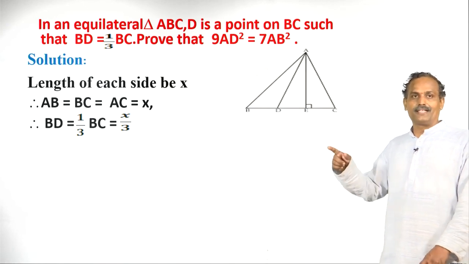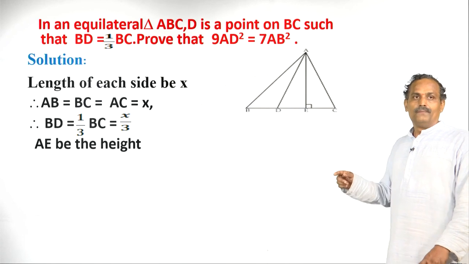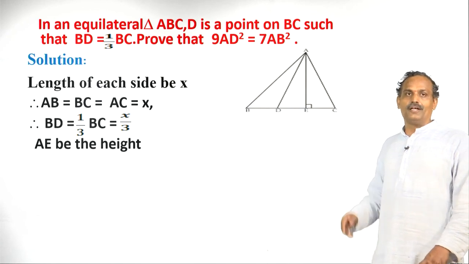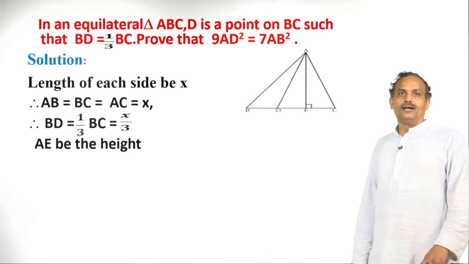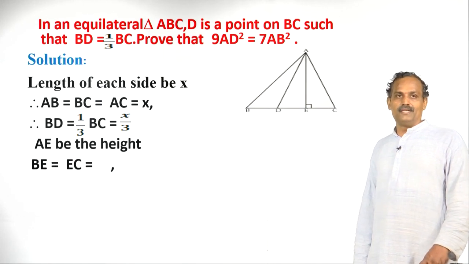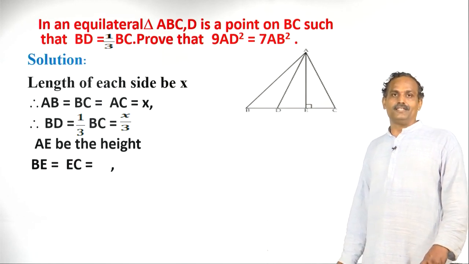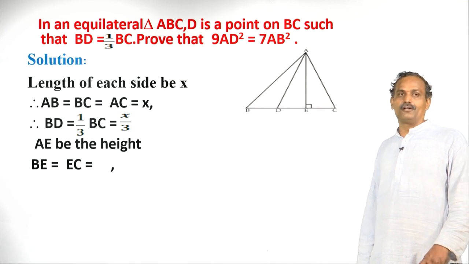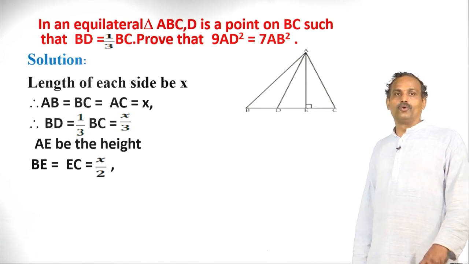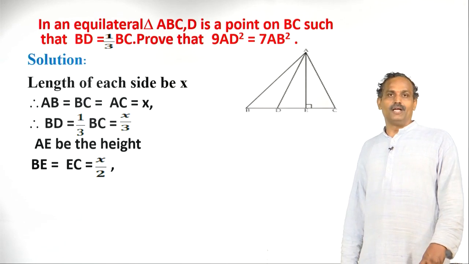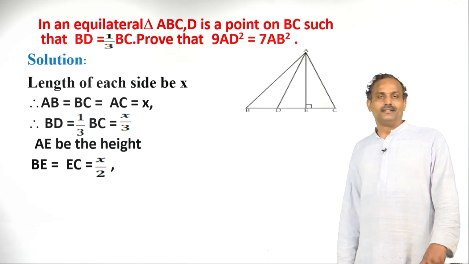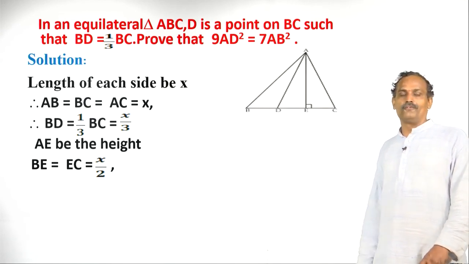For AE the height, as we have already discussed, E is the point on BC such that BE is equal to EC, as it is an equilateral triangle. Therefore, BE is x by 2, as BC is x. So, BE is half of x.